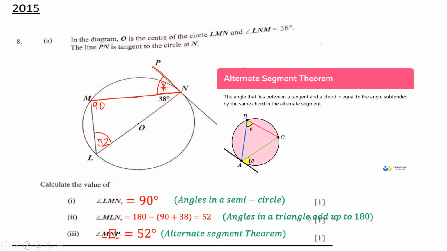And the reason is because if you look carefully, what we have is the legs of this angle 52, and the legs of this angle form the base, right? The chord forms the base of the legs of the angle. And so that means that this angle that measures 52 is subtended by this chord, because this chord is the base of the triangle that is formed using the legs of this angle, right?